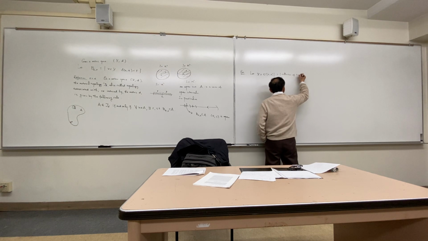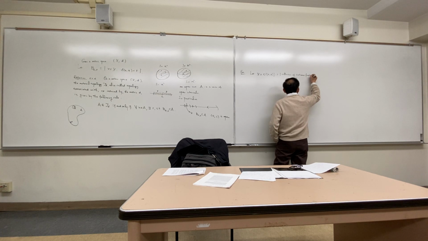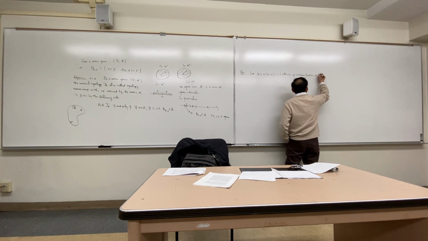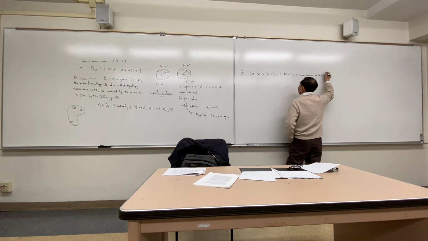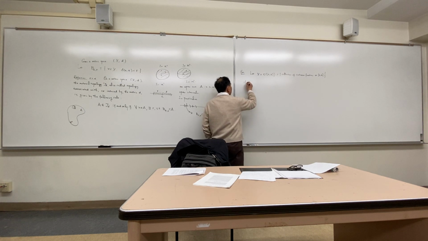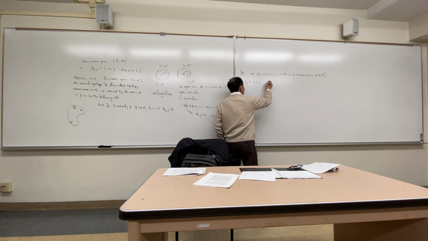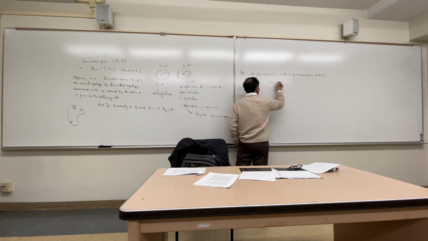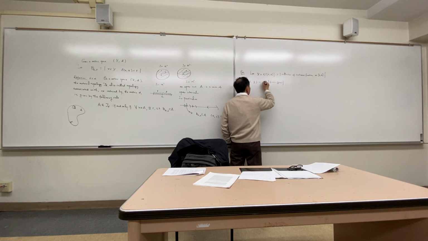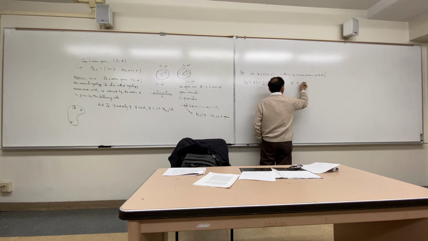Each element is a function on the closed interval [a,b]. And the metric is defined to be d(f,g), the distance between f(x) and g(x). We take the difference and then take the maximum value, x belongs to [a,b], for any f, g belonging to X.